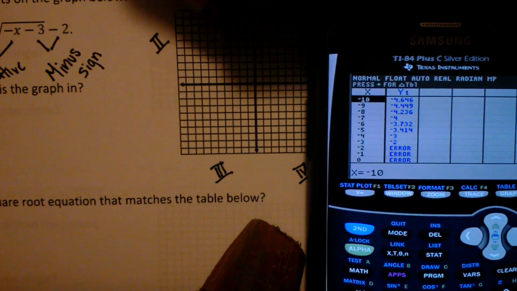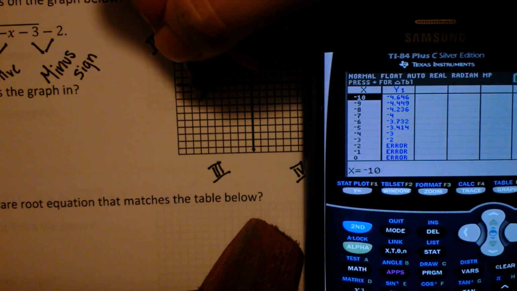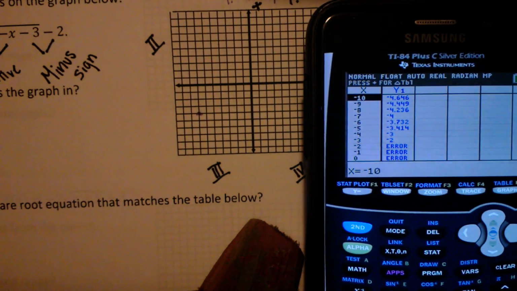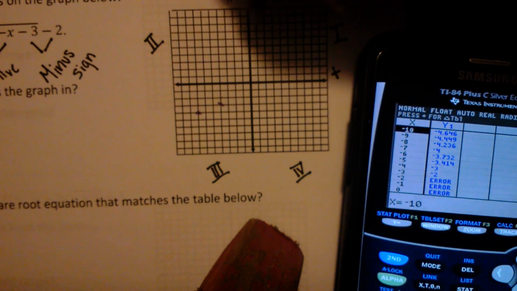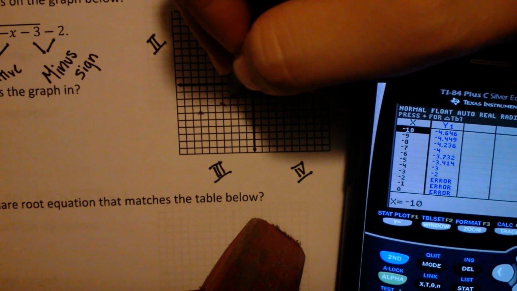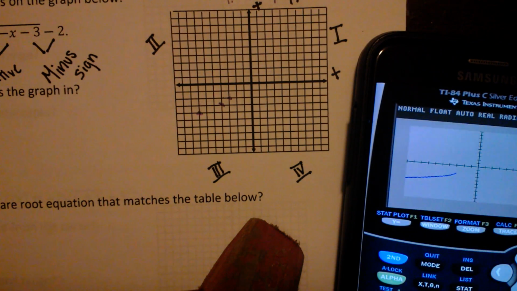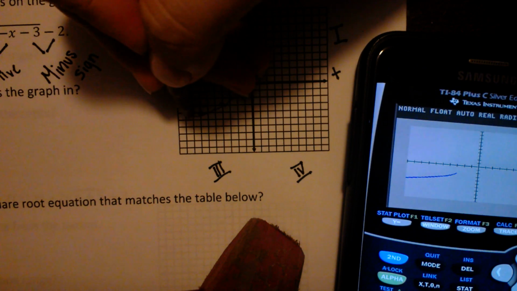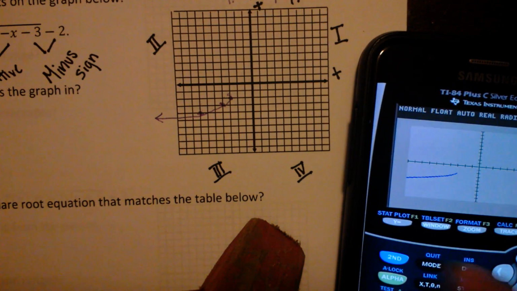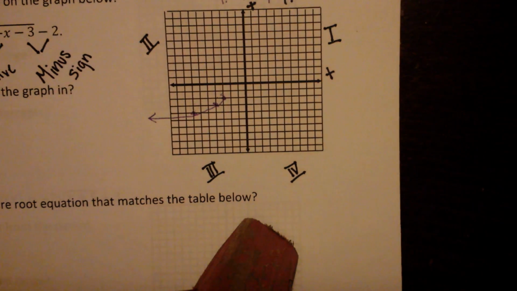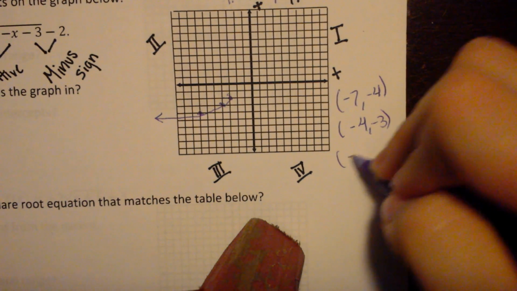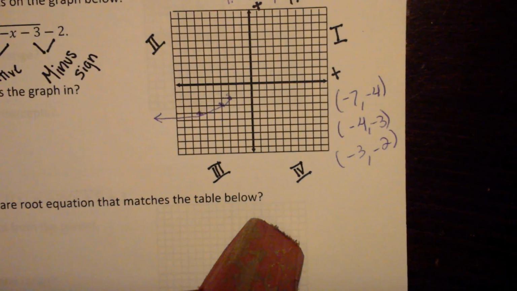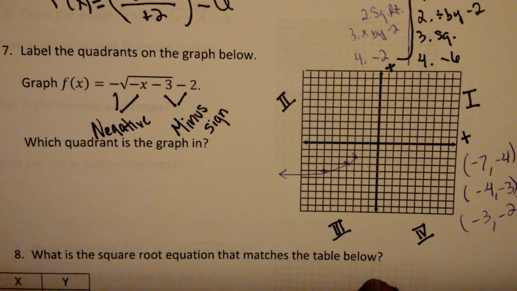So I have -7, -4. -4, -3. And -3, -2. It's in the third quadrant.